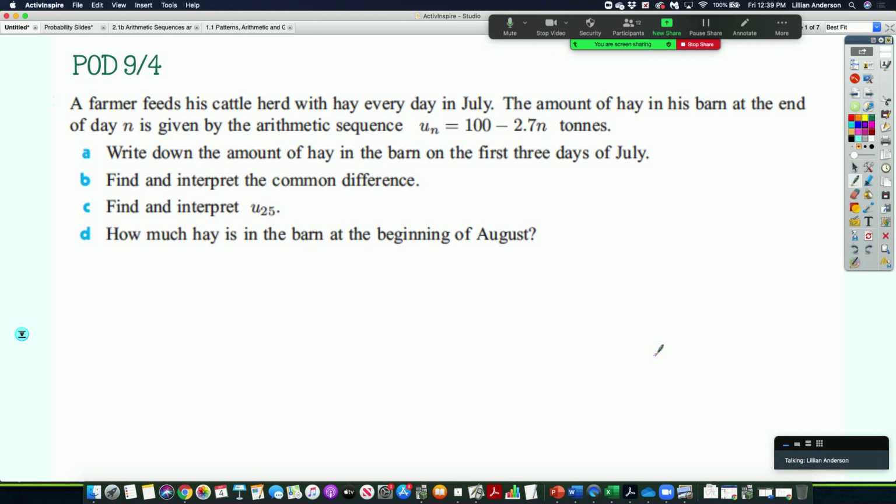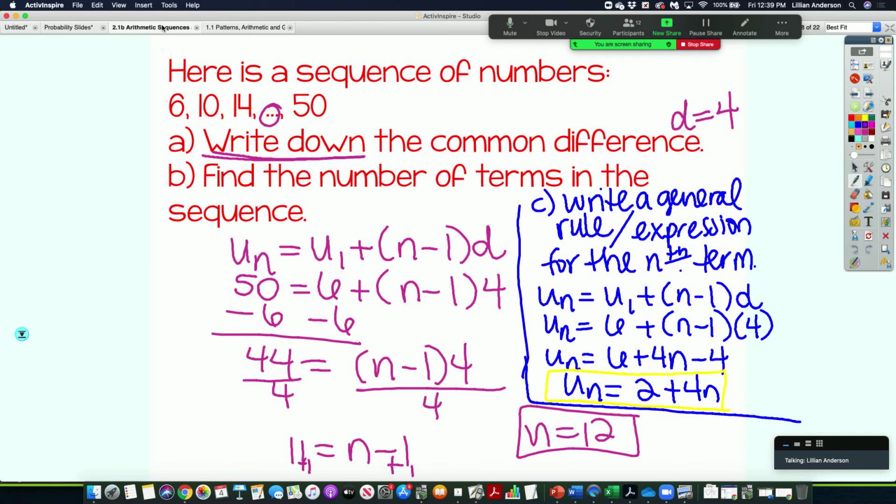If you're like, I don't remember us doing this, well, these are the exact same notes from the other day, and it was right here in the blue, where you could write a general rule or an expression for the nth term, and I boxed it in yellow, where you plug in your first term and your common difference, and you simplify to get a general expression that you can use to find any term in the sequence.